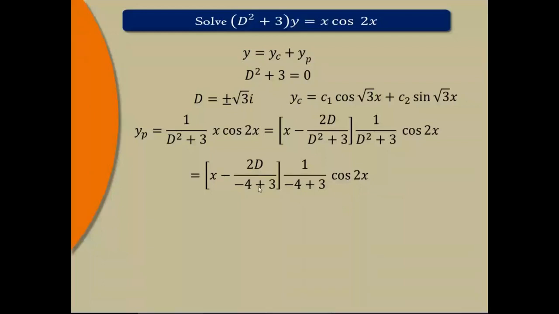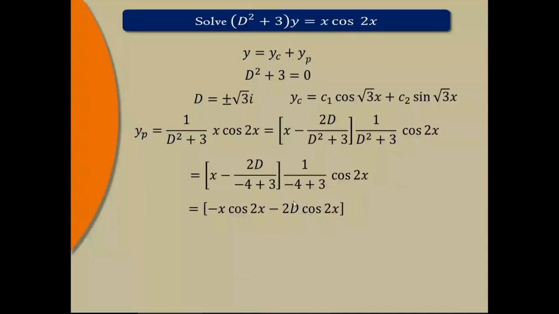This minus becomes plus. This minus, you can take it outside and multiply cos 2x to each term. Simplify this further, taking the cos term inside. So this minus we take here, we get minus x into cos 2x. This minus and this minus, 3 negative terms, so it becomes negative 2D cos 2x.